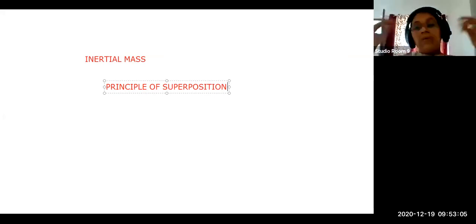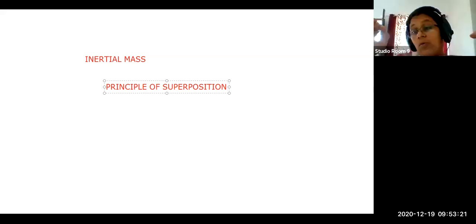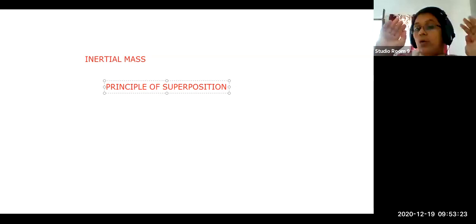So the total mass of Earth, capital M, is equal to M1 plus M2 plus M3 plus etcetera, up to Mn. Similarly, the total gravitational force of these particles will be capital F equal to F1 plus F2 plus F3 plus up to Fn. So this is known as the principle of superposition.